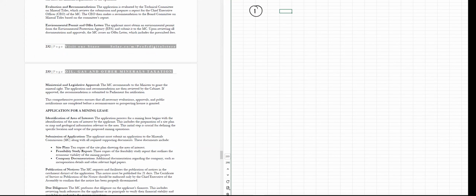So first, let's look at the overview. As I told you, I'll break it into 5 areas. The overview of oil and gas and minerals taxation. First, I said look at natural resources, then the ownership of natural resources.